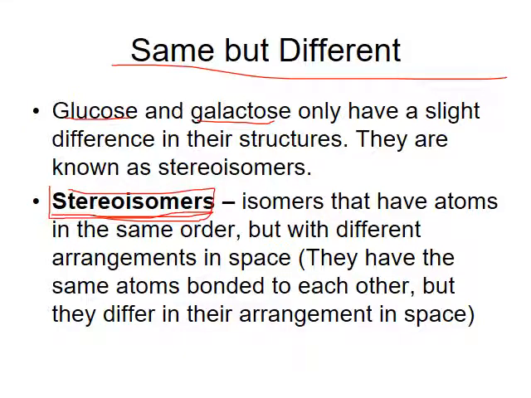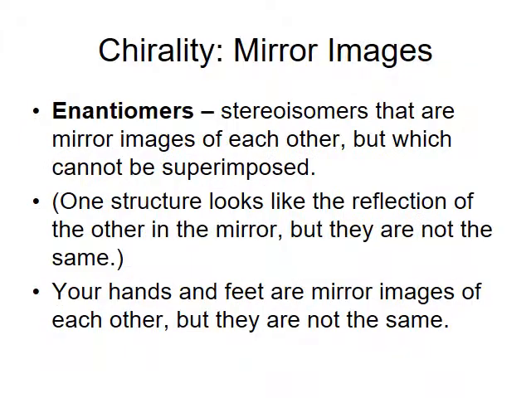Basically what it means is that when you look at them, especially in two dimensions, if I were to draw them two-dimensionally, they would look exactly alike. But when you look at them in 3-dimensional space, you would see that they are different. And we'll see why in a second.